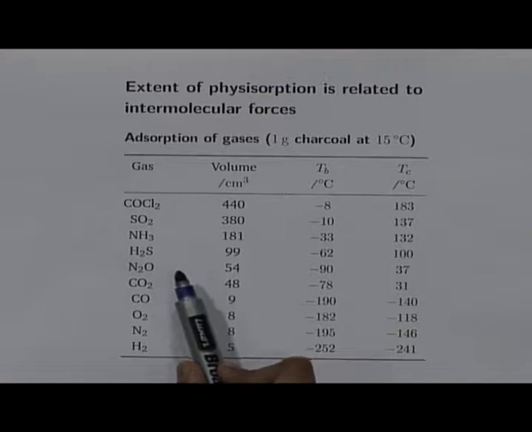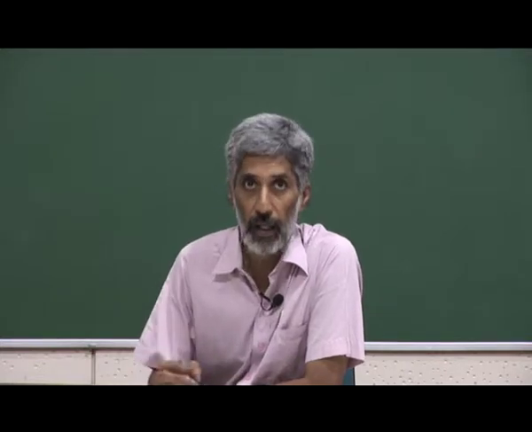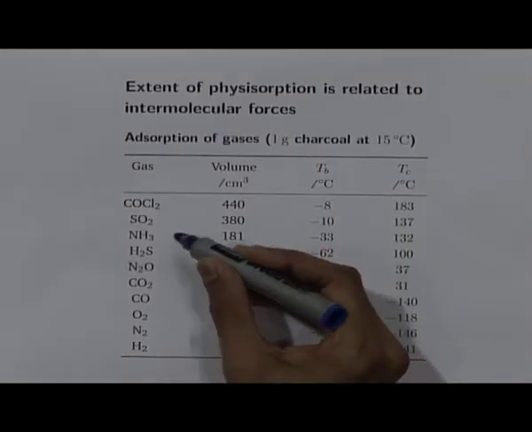And this trend is something that you have seen when you looked at states of matter. For example, the trend in the boiling point that one observes, and how you have tried to correlate the trends in the boiling point with the intermolecular forces that exist in the molecules. And this is a similar kind of thing.